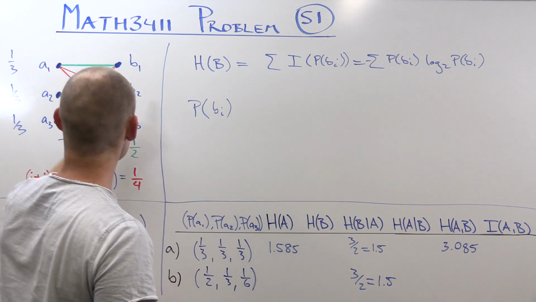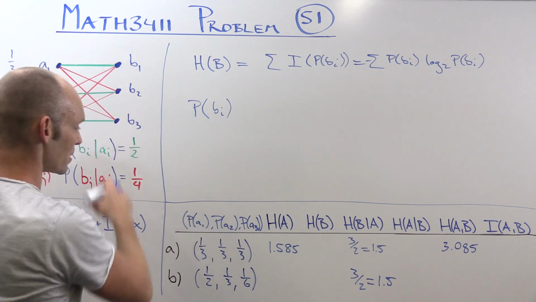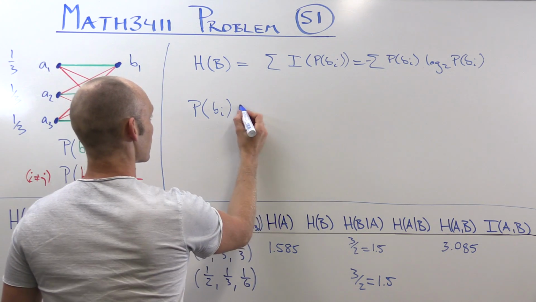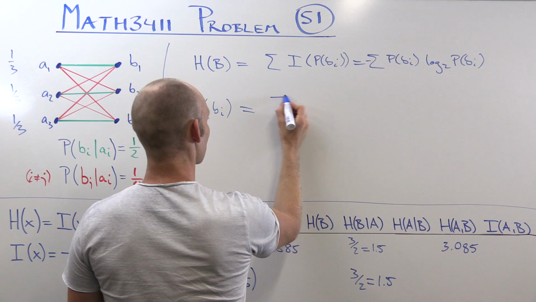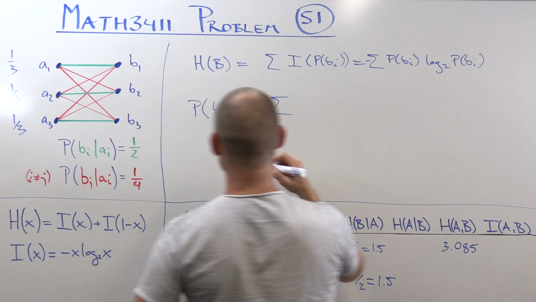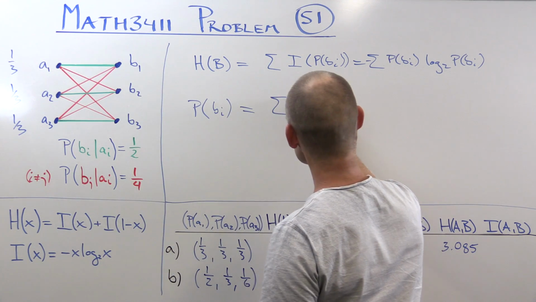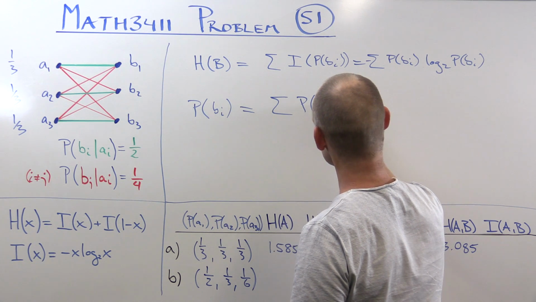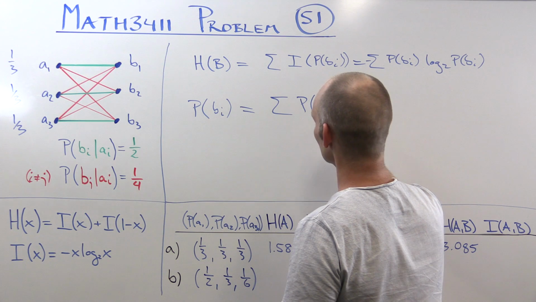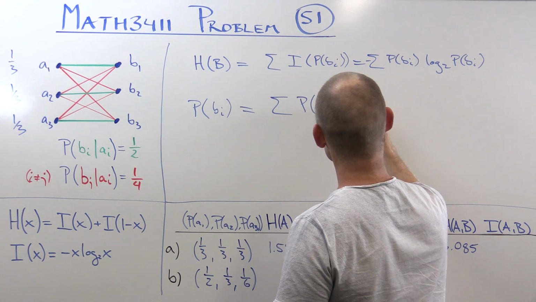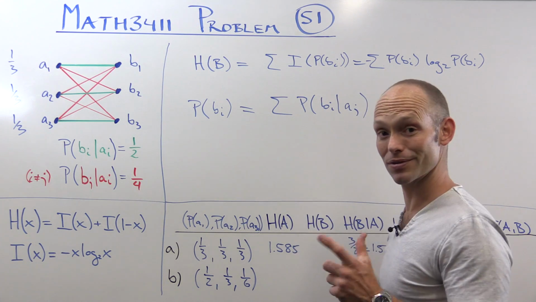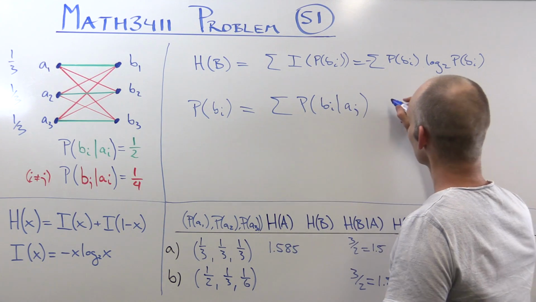Now, we could look at them individually, but again, there's symmetry in part A at least. So the symmetry here is that we can calculate P of b_i as follows. We take the probability that we get b_i given that we sent some a_j. Now I've confused i and j, but that's okay.